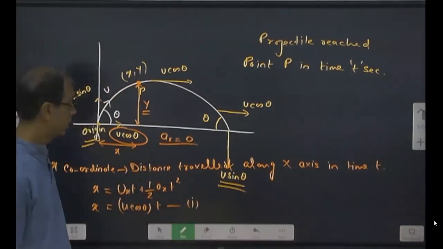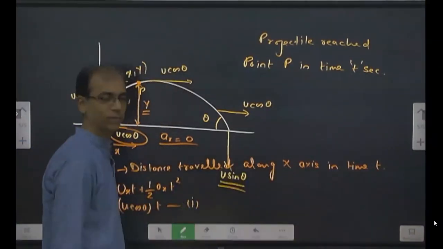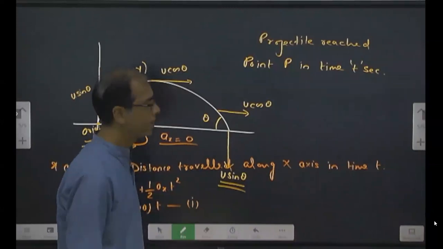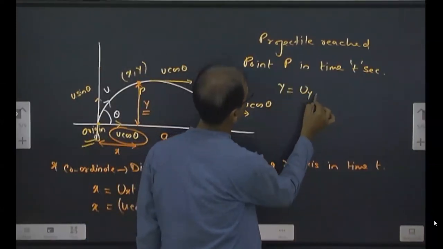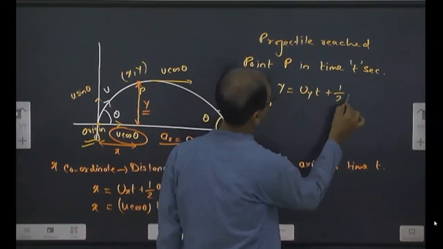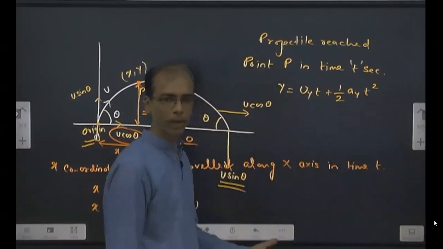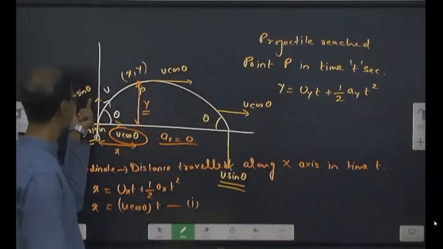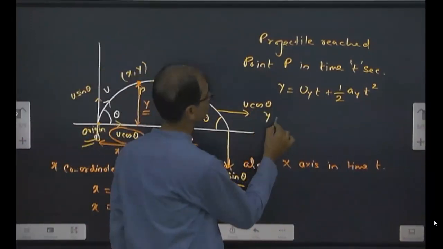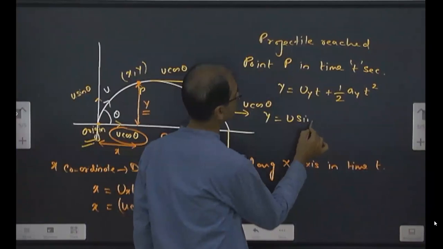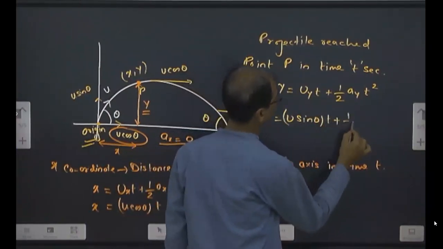Then the y coordinate. That also we have to find. Again, the same formula. What same formula? ut plus half at square. So y equals uy t plus half ay into t square. Put values. What is uy? uy is u sin theta. Okay. So y equals u sin theta into t plus 1 by 2 ay t square.